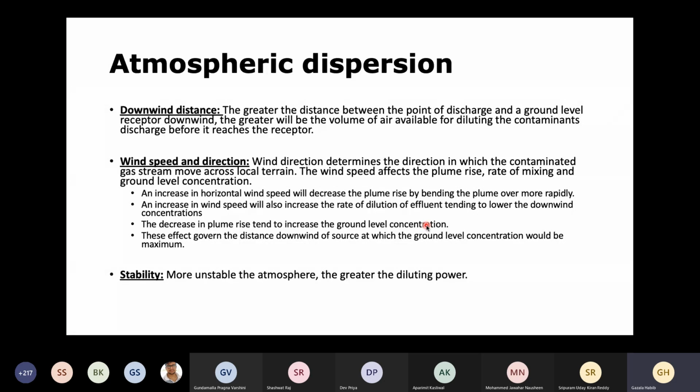Based on that, they have defined the limit of each pollutant, at different time periods, like a 24-hour average limit, sometimes an 8-hour average limit.